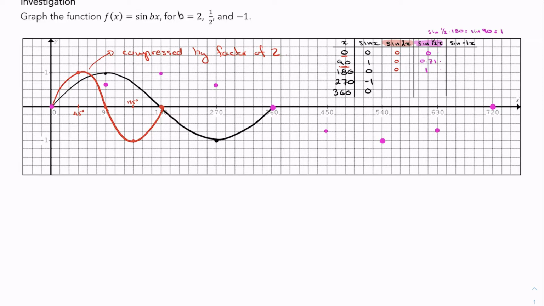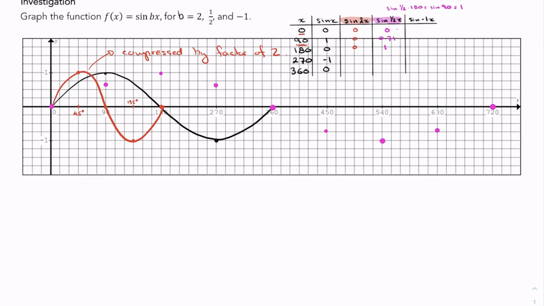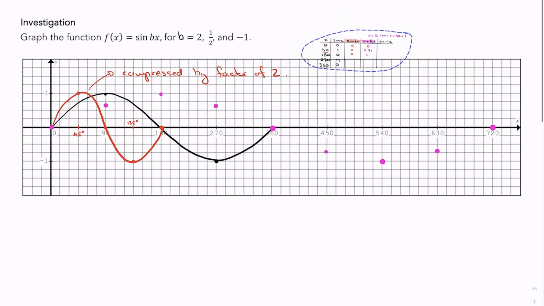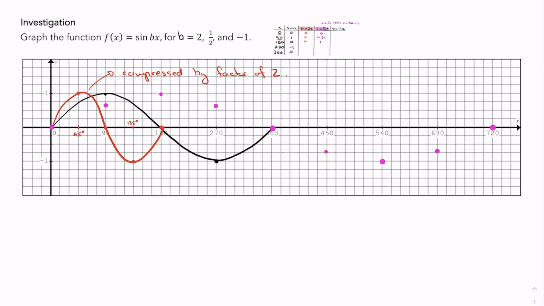And you can see why at this point we have such a large x-axis, because in order to fit in one cycle of this guy, we have to extend our graph quite a bit. I'm going to actually shrink this for the moment. Just put it over here. We'll maybe come back to it later.